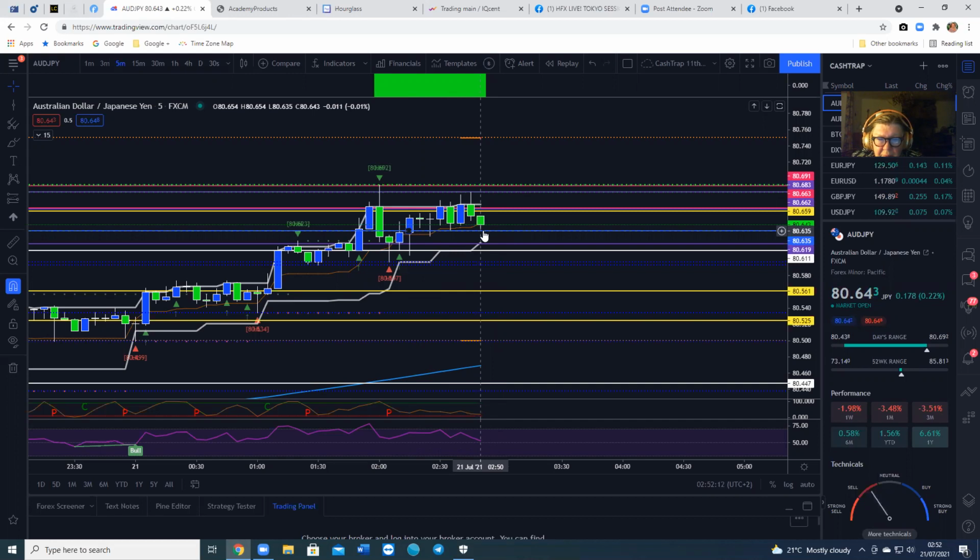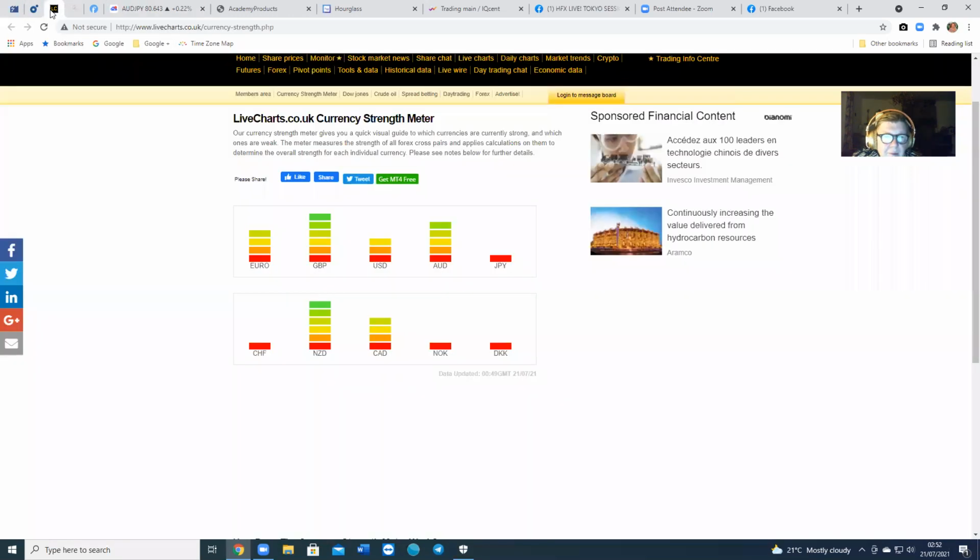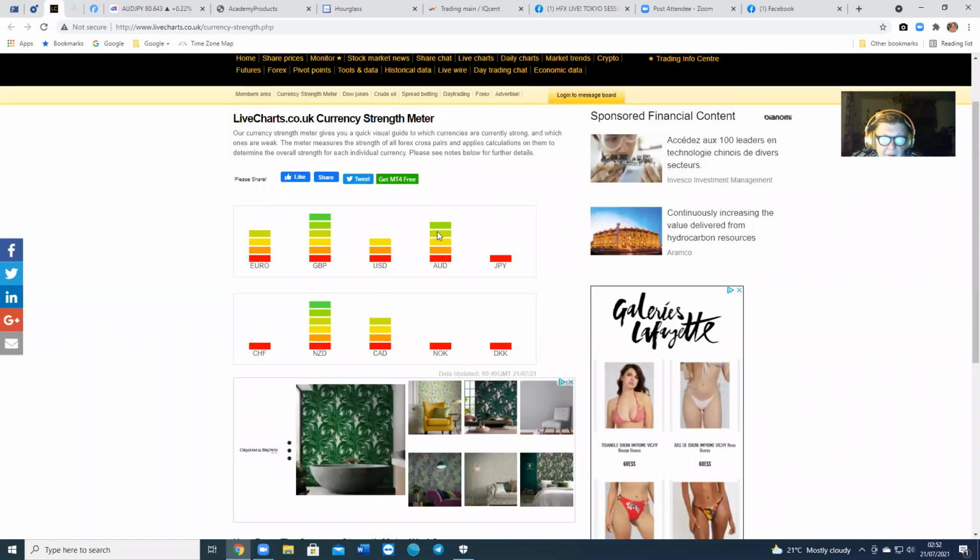636. Australian dollar's lost a bit of strength.